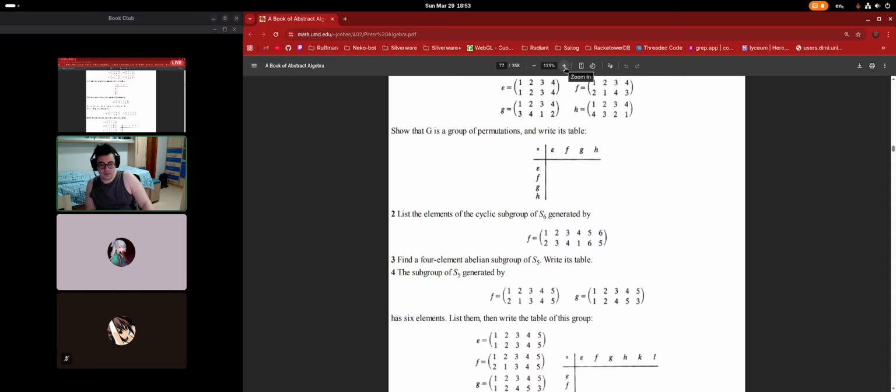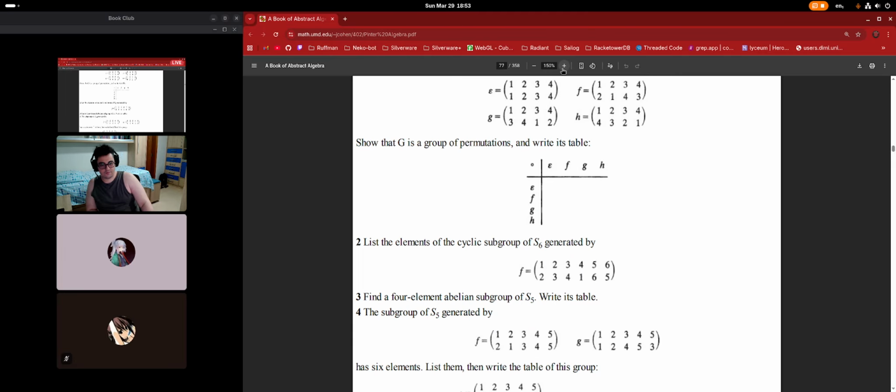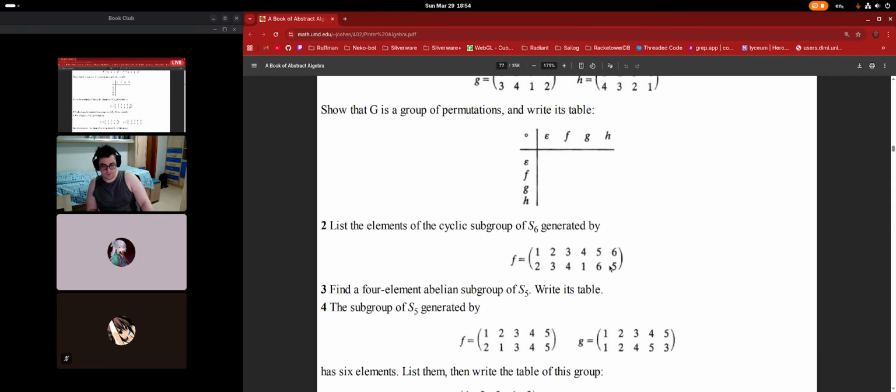So what are the elements of this one in this case? Let's see. It's rotating the four elements on the left and flipping the two elements on the right. So I'm guessing there's going to be like 8 different ones.